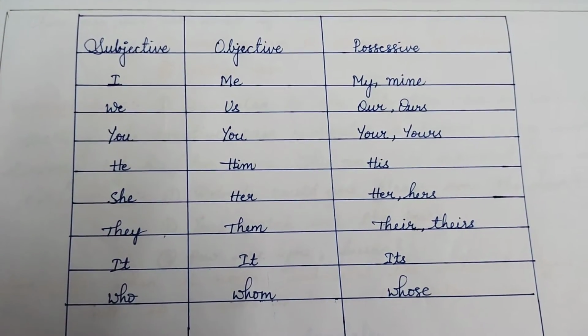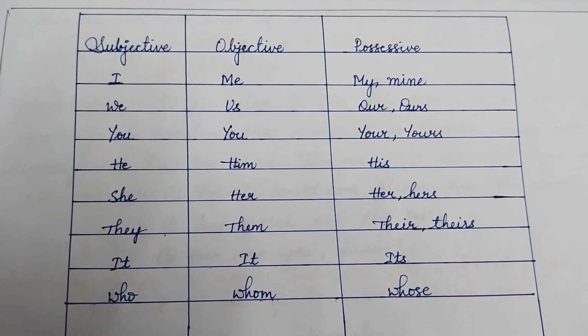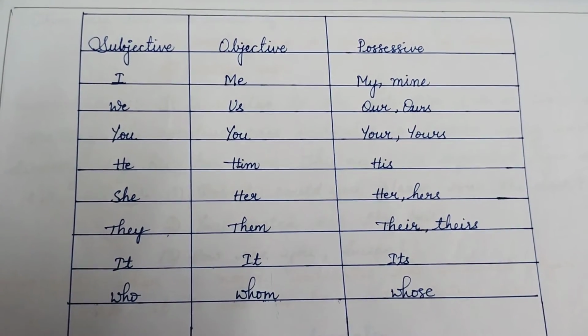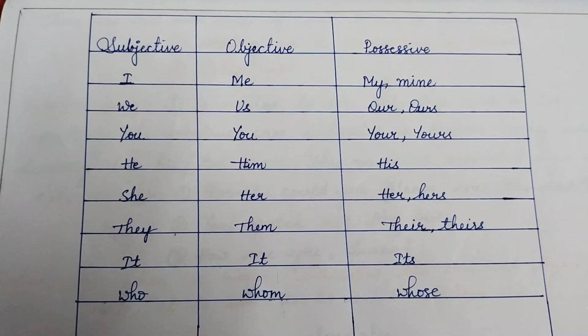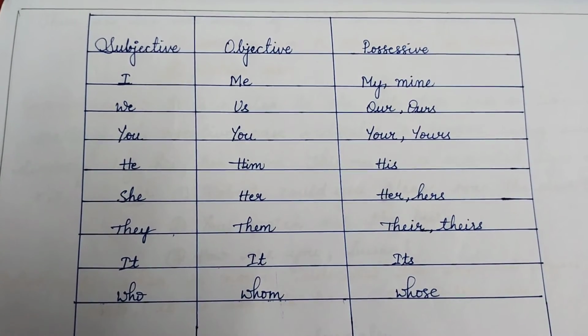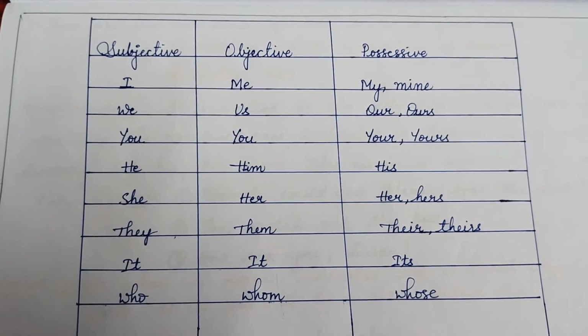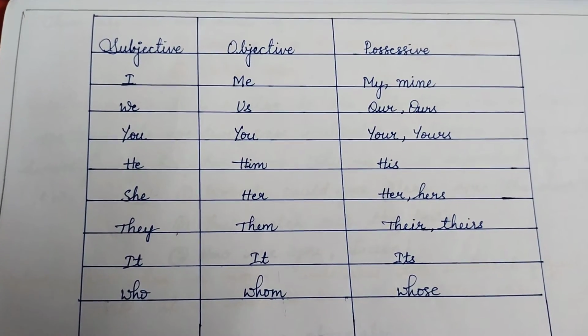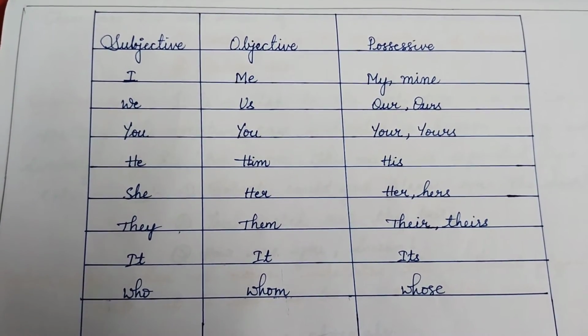Before moving to two more cases, let us have this tabular form: subjective, objective, possessive. If subjective is I, first person singular, then objective will be me, and possessive will be my, mine.